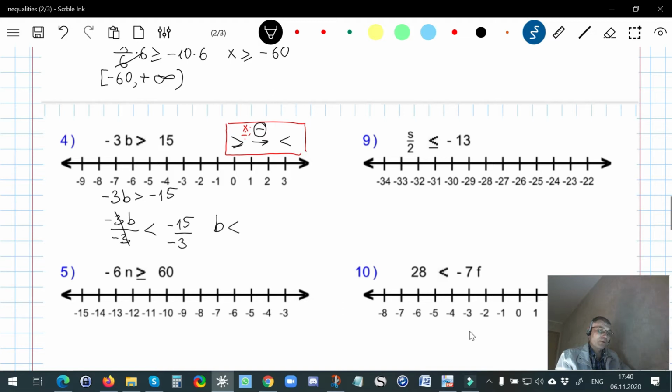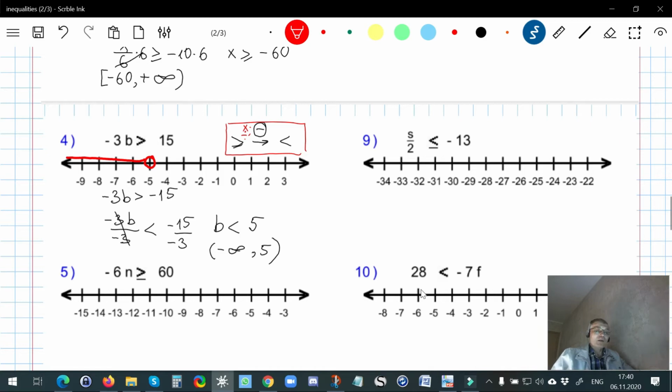The sign has changed, and negative 15 divided by negative 3 gives me positive 5. That's the final solution, which is already in set builder notation form. To write an interval, it stretches from negative infinity to 5, open. To graph it, I draw a circle around 5 and then go to the left, to negative infinity.